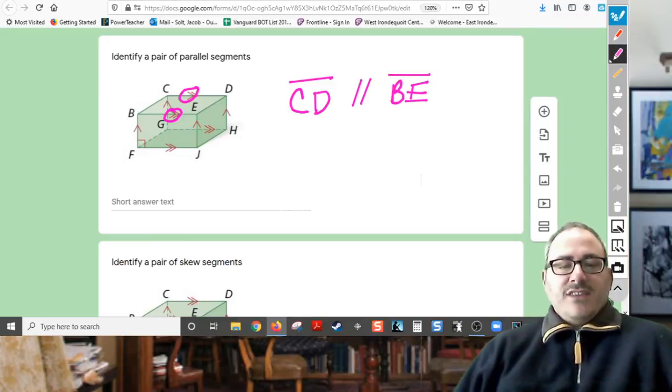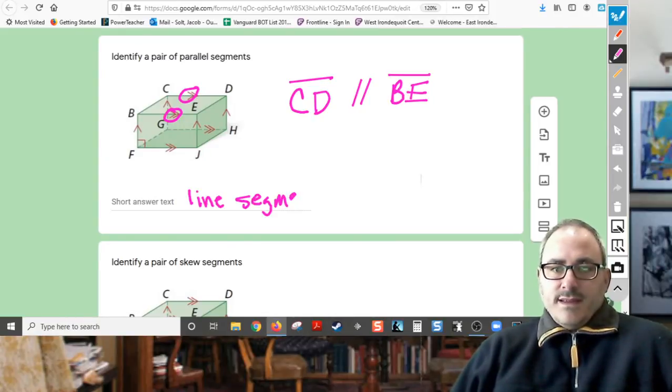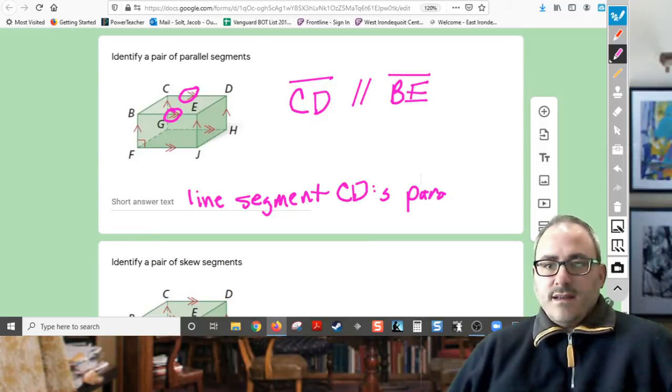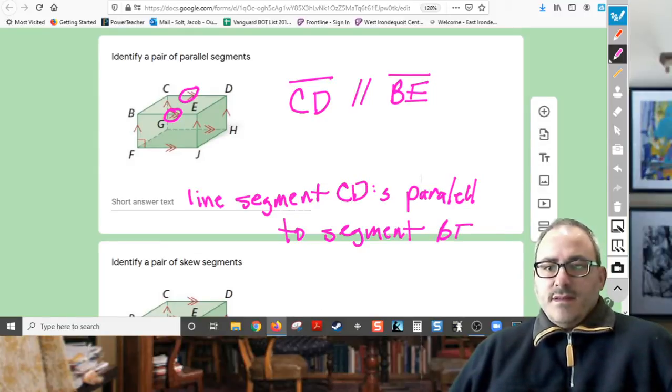But because we're doing this on Google Form, you'll actually have to write out line segment CD is parallel to segment BE.